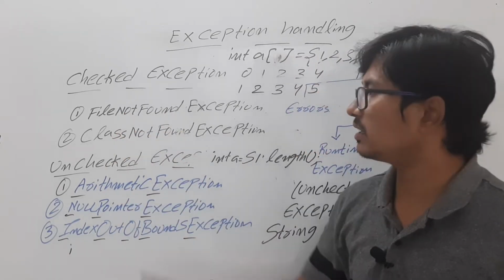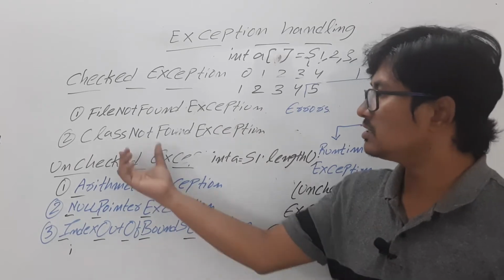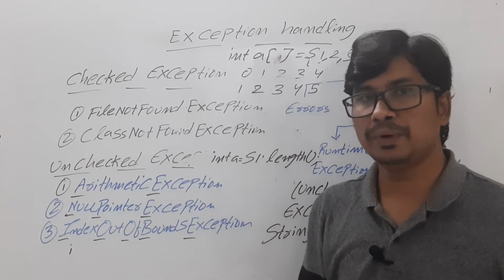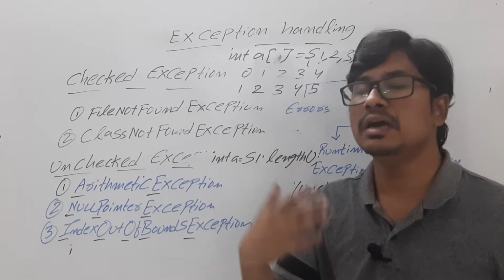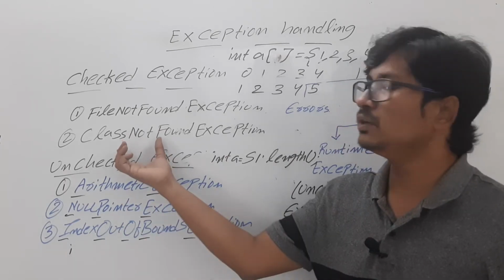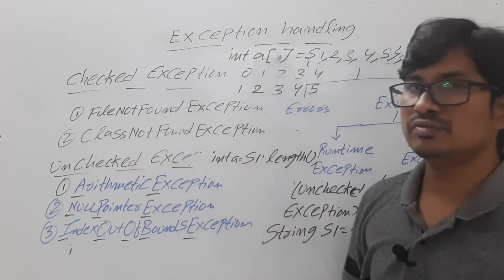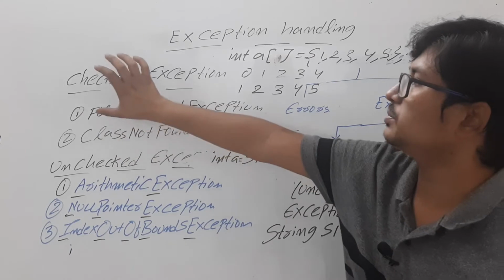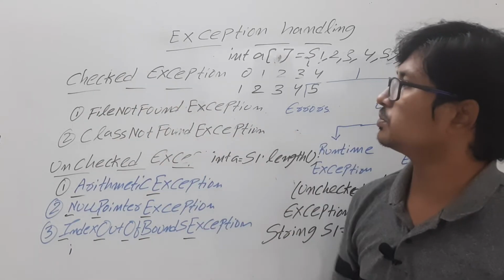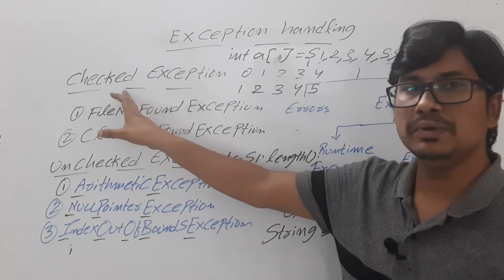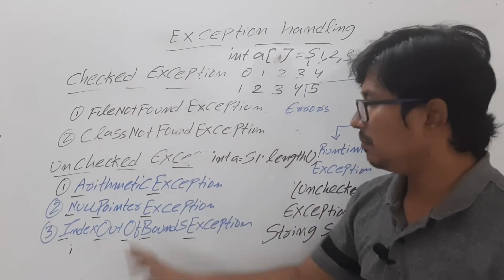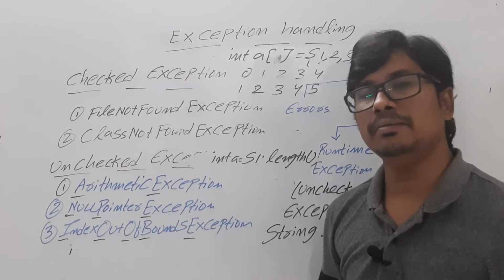Similarly, if you are trying to open a class from a particular package but that class is not there, you will get a ClassNotFoundException. These kinds of exceptions are called checked exceptions. These will be checked by the compiler, but the unchecked ones will not be checked by the compiler.